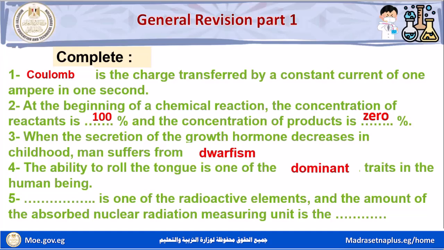Question number 5. Space is one of the radioactive elements, and the amount of the absorbed nuclear radiation measuring unit is the space.